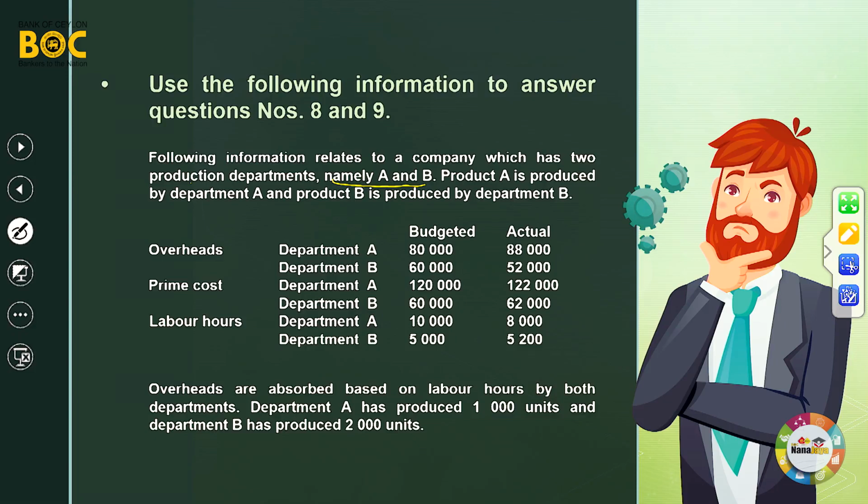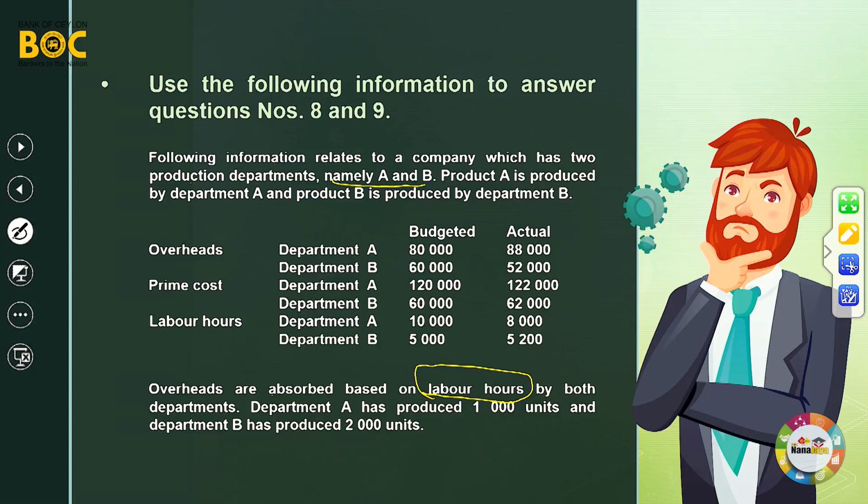The overheads are absorbed based on labor hours by both departments. Department A has produced 1000 units and Department B has produced 2000 units.